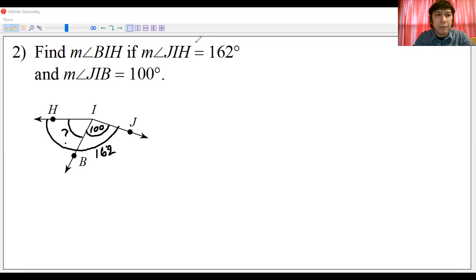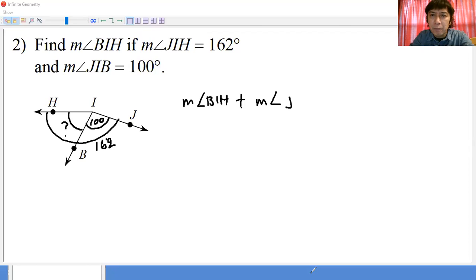All right, so we'll set up the equation. The measure of the angle BIH, that's the unknown, plus the measure of the other angle JIB, that should be equal to the measure of the largest angle JIH.